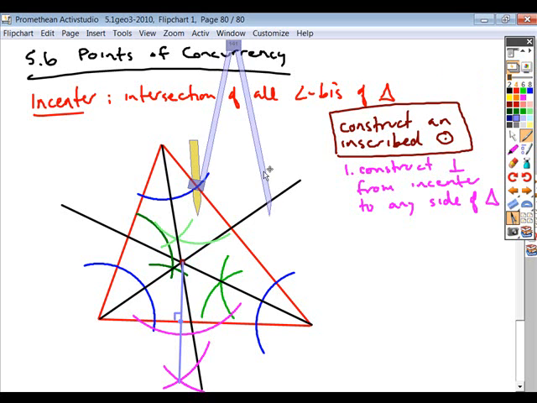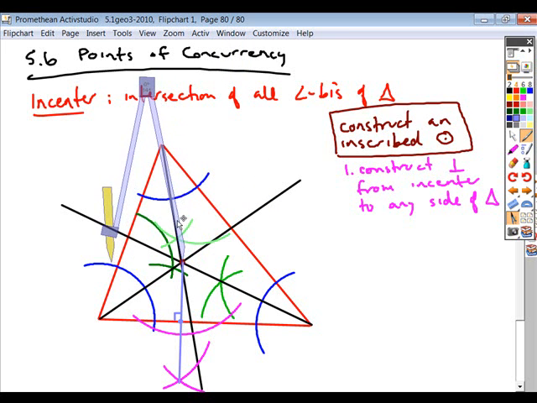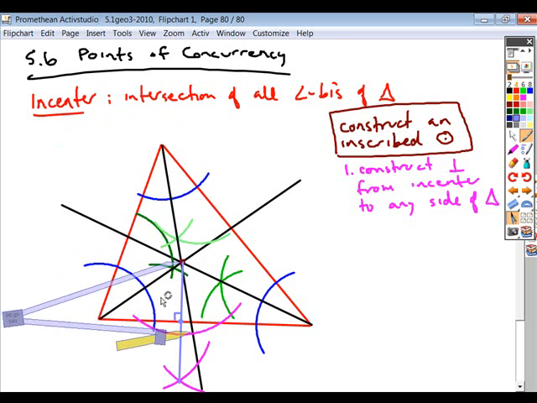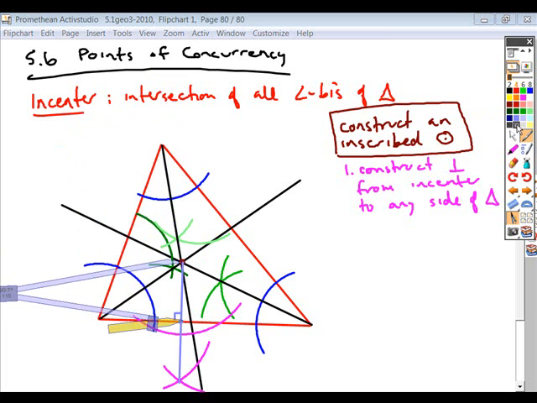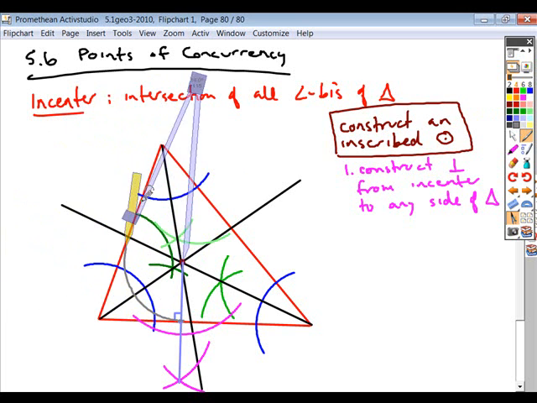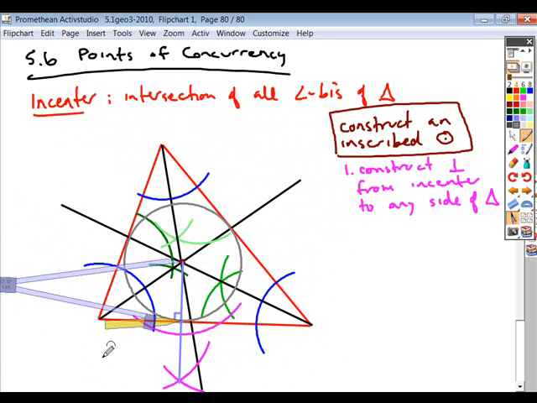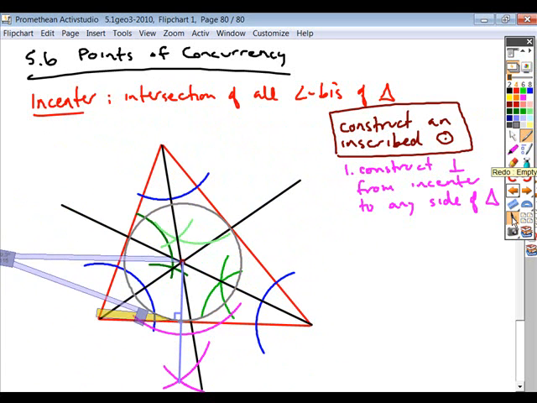The confirmation involves placing our compass tip on the center, measuring the distance of this radius, okay, and then we can construct our circle to confirm. And so when you look at this, what do we notice about that circle? Is it inscribed within that triangle? Meaning, are all of the sides of this triangle tangent to the circle?